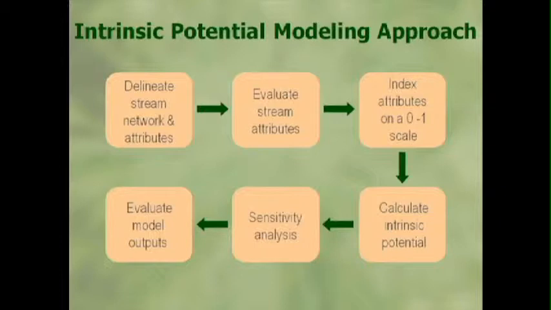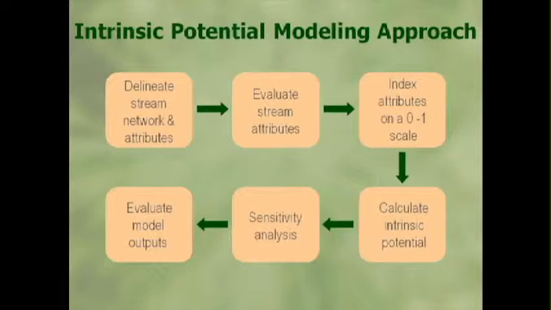In the modeling that we've been doing, the approach starts with delineating a stream network and stream attributes such as the gradient and valley constraint from digital elevation models. Then evaluating the stream attributes using field data, and then indexing these attributes on a 0-1 scale based on their presumed value of habitat for a given species.